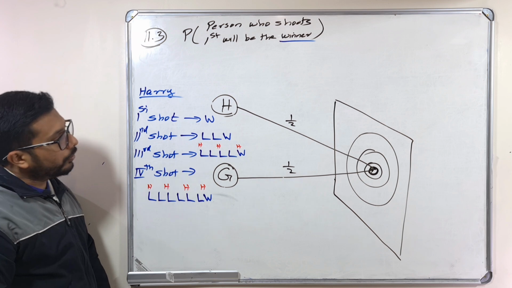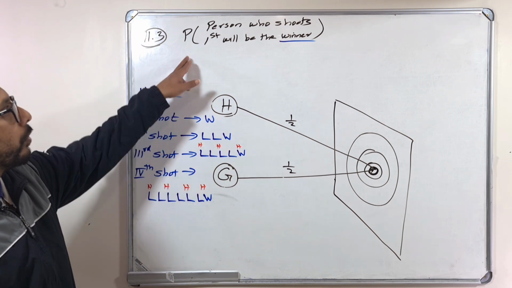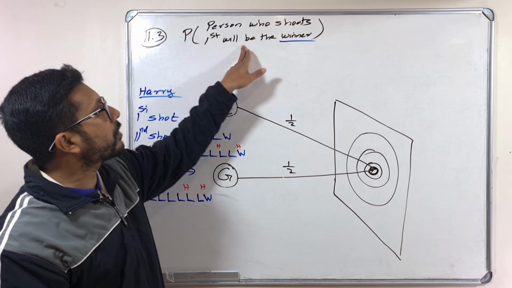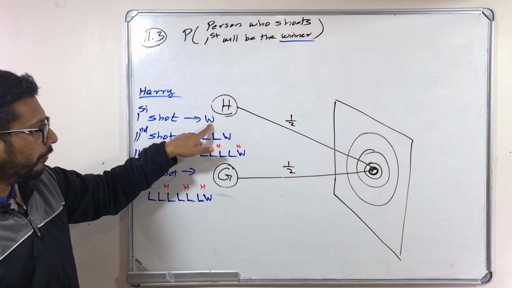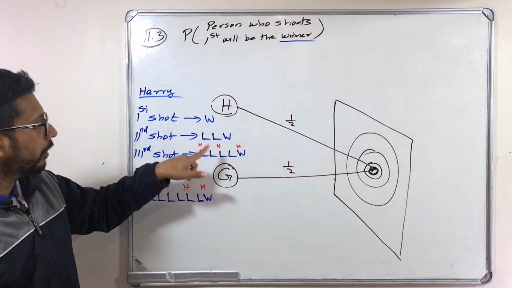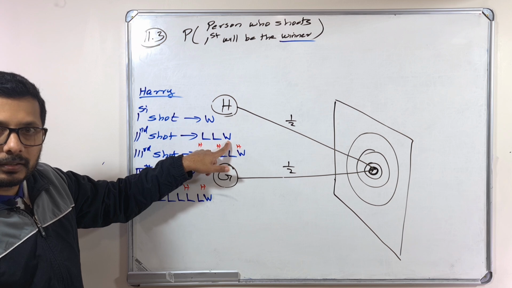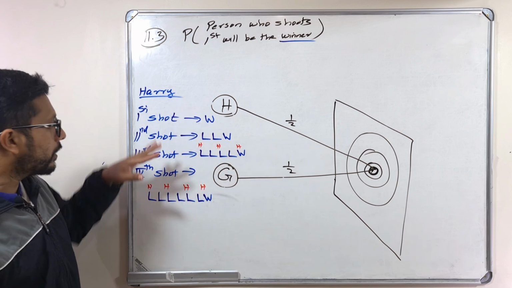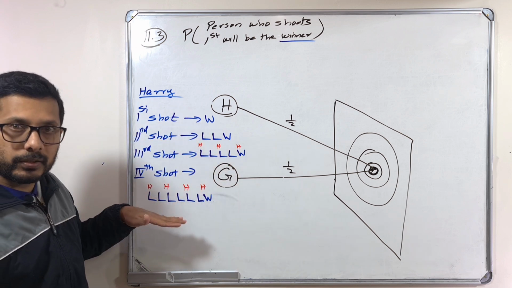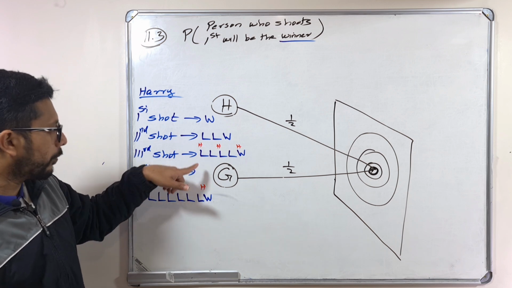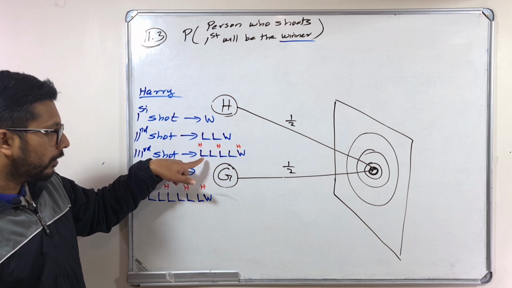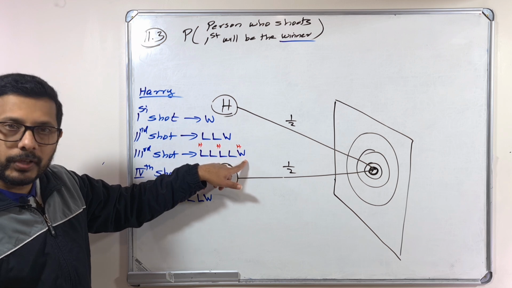So look at this one. Here we are talking about the person who shoots first being the winner. Look at the first case. Here is the winner. Lose, winner. Then game over. These are different possibilities. All of these things are not happening together. Then another possibility: lose, winner.